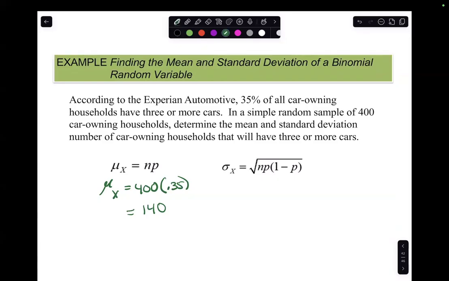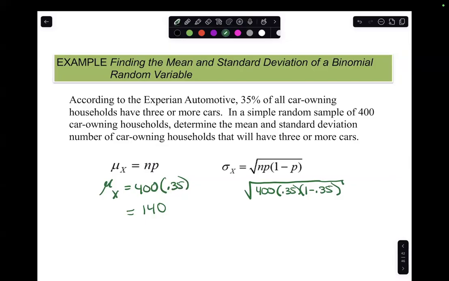This is actually math that you've done before. We just didn't call it expected value. Standard deviation, slightly different. Take 400 times the probability of success times the probability of failure. You can put that whole thing in your calculator at the same time, as long as you are careful with parentheses.